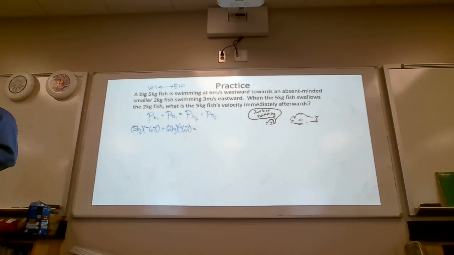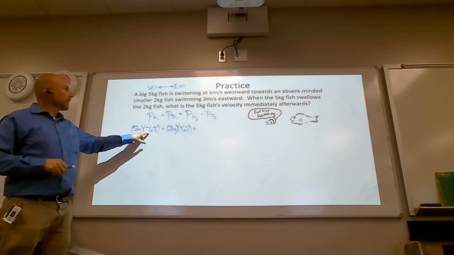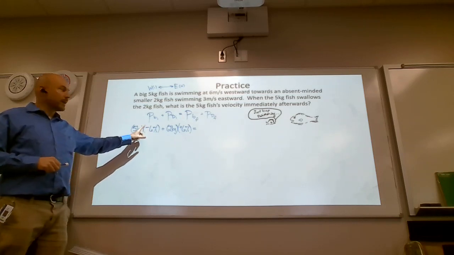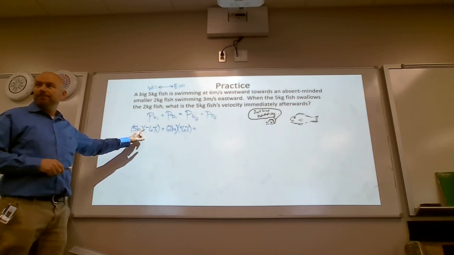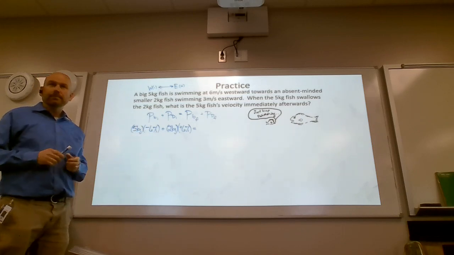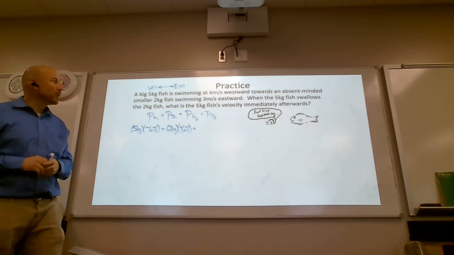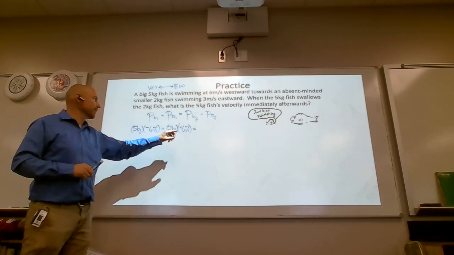How do we do? Okay, making east positive, big fish is going west, so that needs to be negative. This right here would be the reason why most people would miss this problem. If you would have made west positive, you would need to make this negative and that positive.